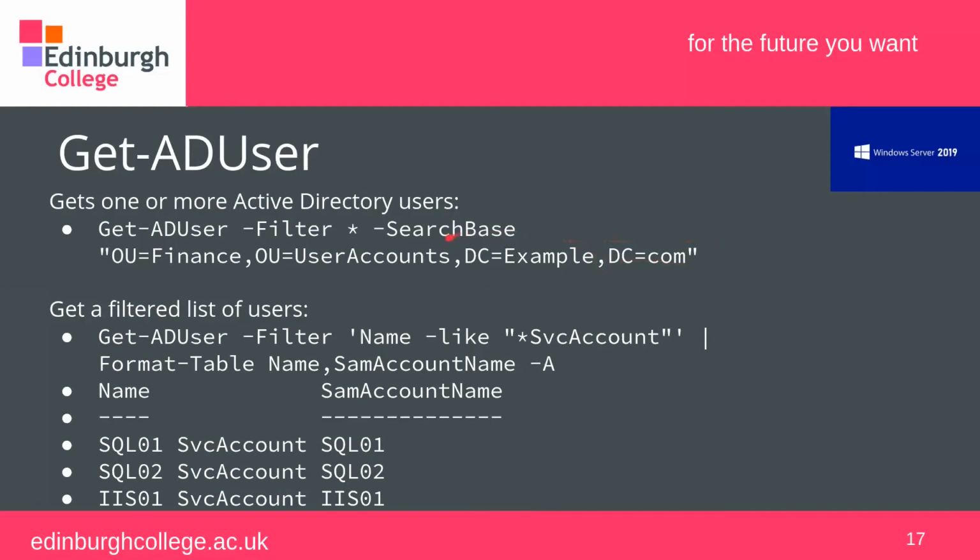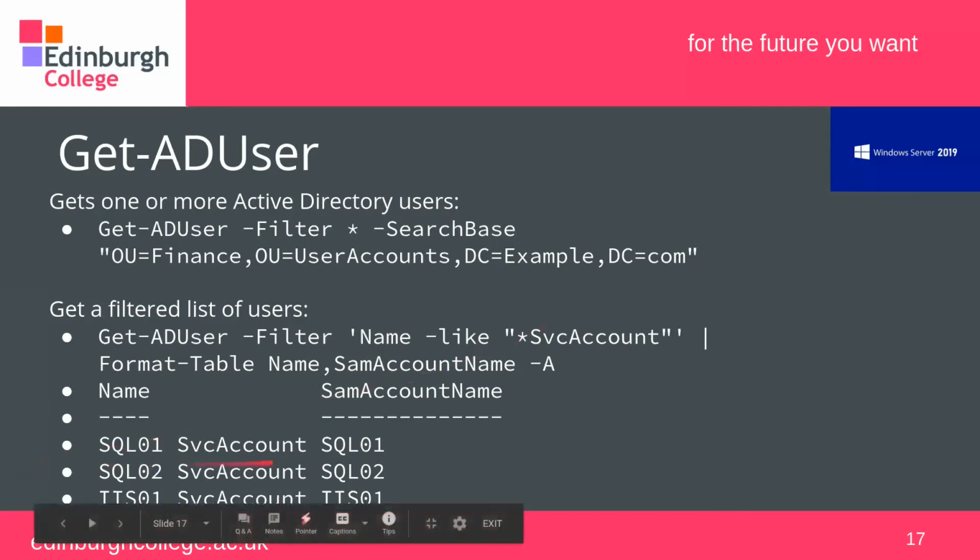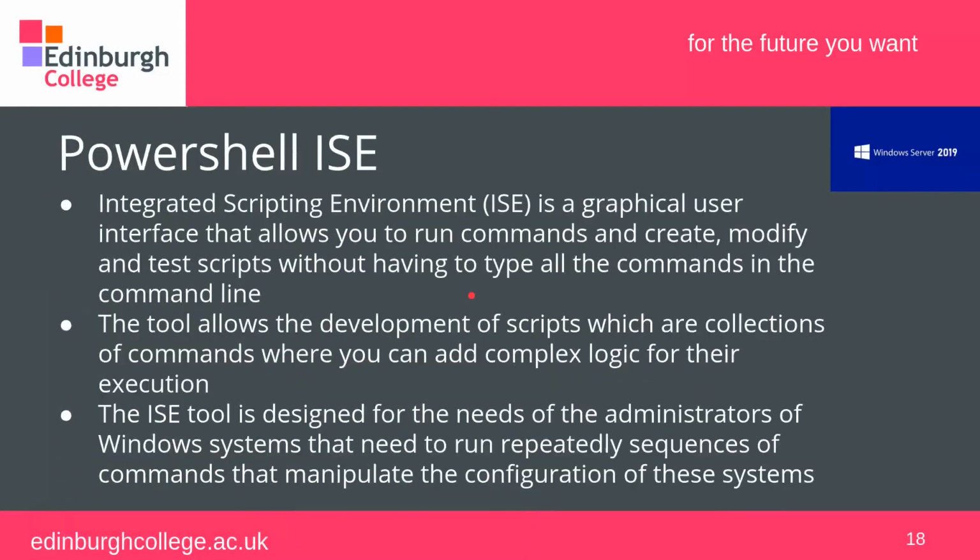So DC equals example, DC equals com, means the domain is example.com. This is just something that happens in Windows, and we'll also look at that in the lab today. So here's an example of the output. There's some names and the account names coming out from the Get-ADUser command.